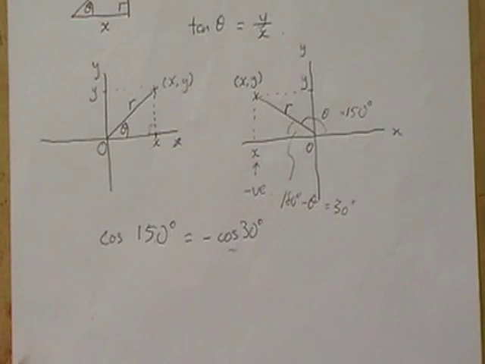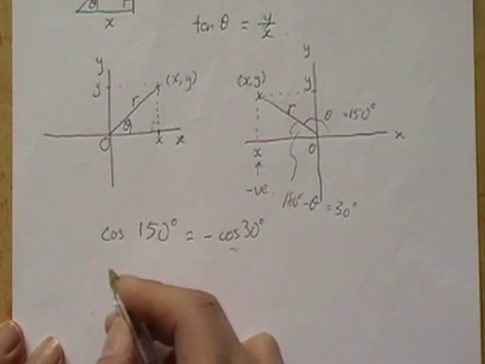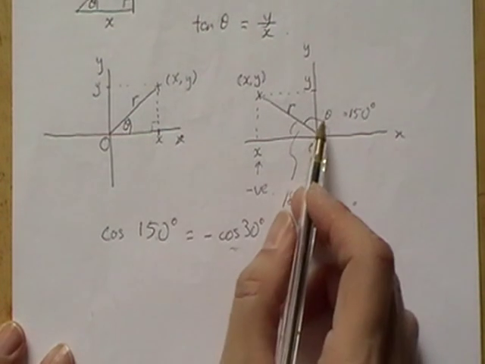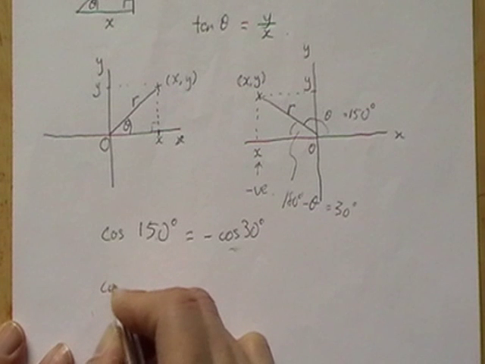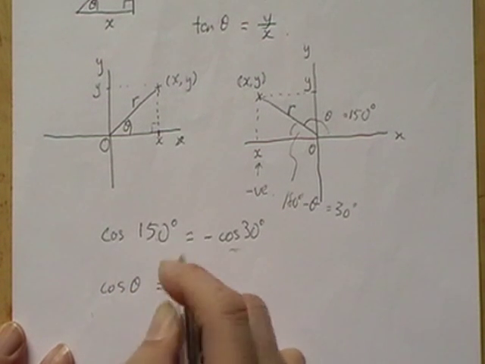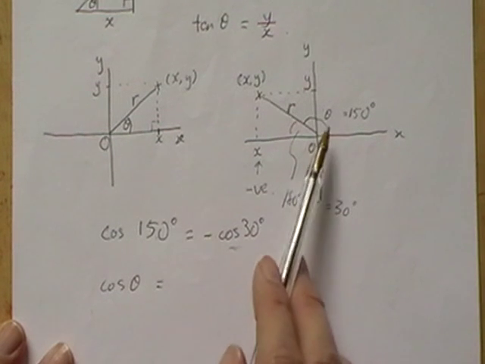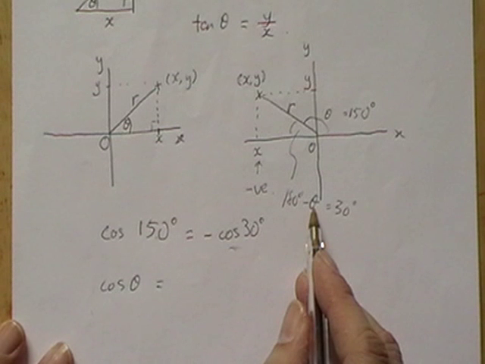So we can turn this understanding into a formula. Now let me write out, use theta instead of 150. So what I want to do is to find a connection between the cosine of this theta and the cosine of 180 degrees minus theta.